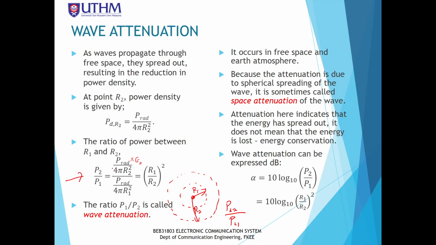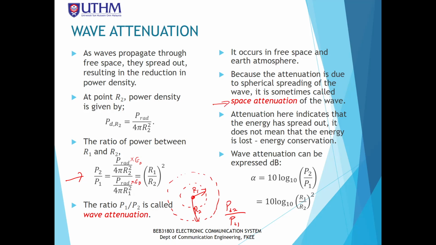So the radiated power multiplied with the directivity gain, over 4 pi r2 square, divided by the power density at the shorter distance, P radiation multiplied with GD, over 4 pi r1 square. So the ratio you're going to get is R1 over R2 square. This is a parameter without a unit. It's a unitless parameter, and it is also called the space attenuation.